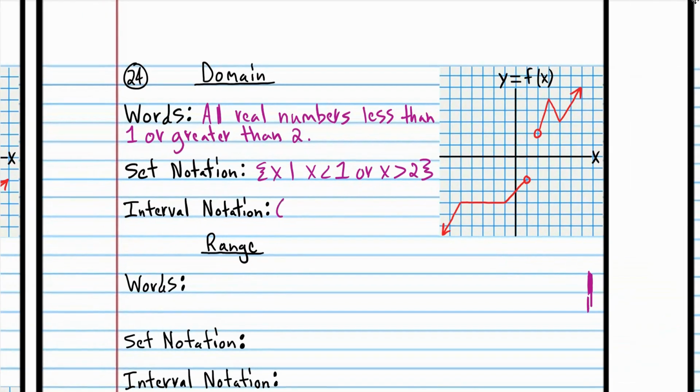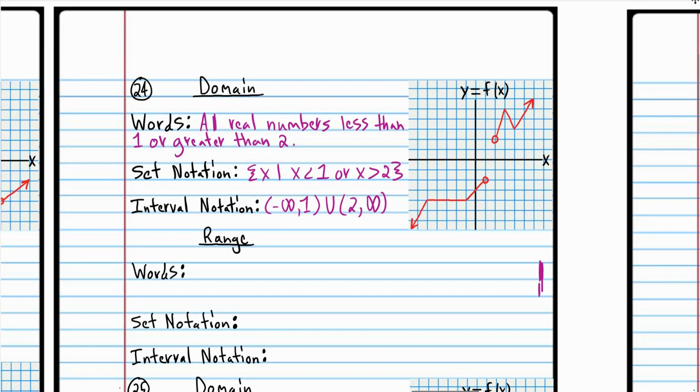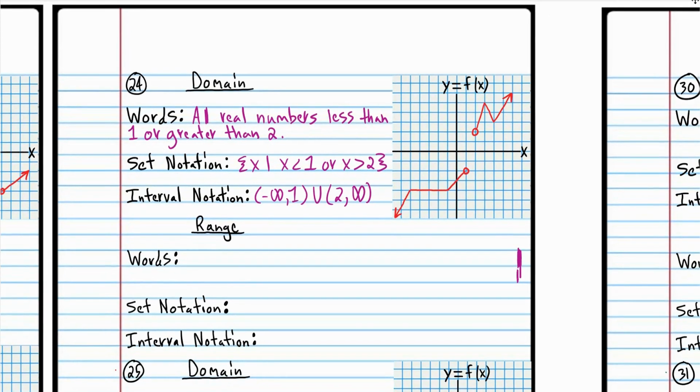In interval notation, we write negative infinity, comma 1, parenthesis, union symbol, parenthesis, 2, comma, positive infinity, parenthesis. If you got that right, good job. The range is all real numbers less than negative 2 or greater than 2.